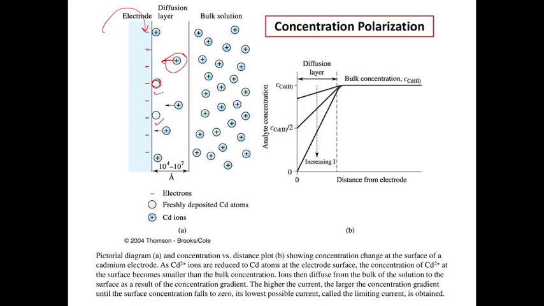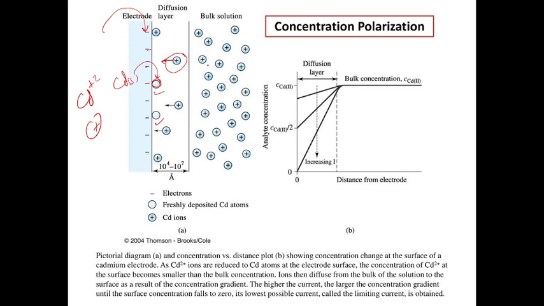This is the neutral atom and it has deposited. Suppose it is cadmium, so initially it is cadmium 2 plus, but now it is cadmium solid, deposited on the metal surface.